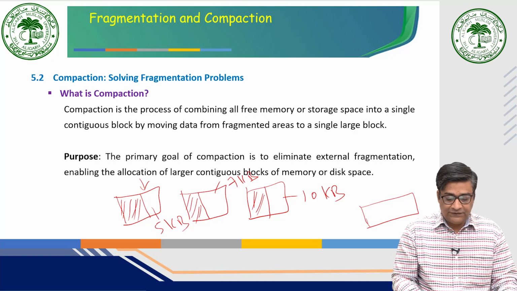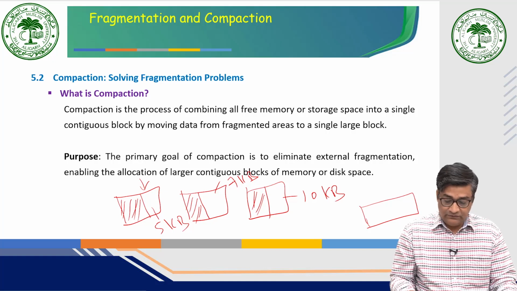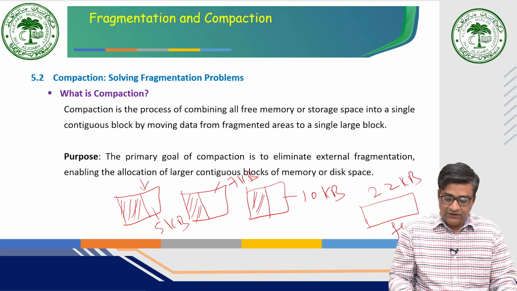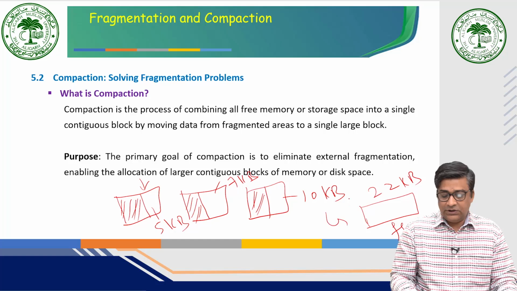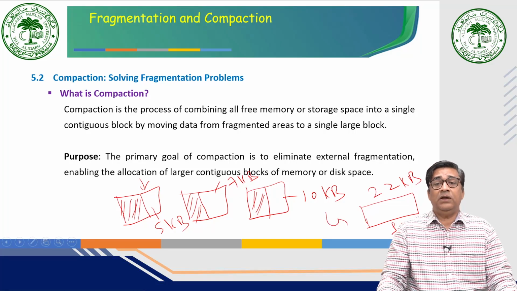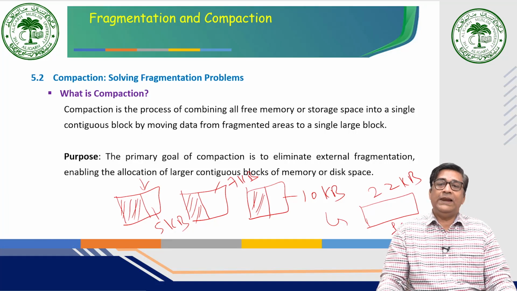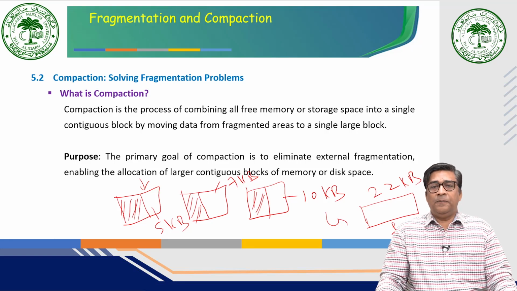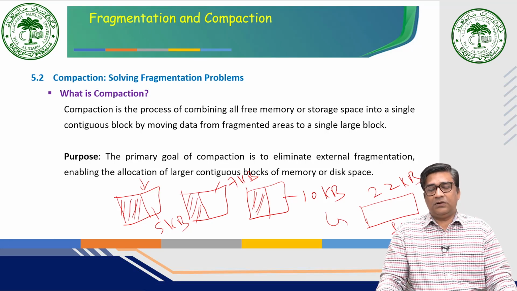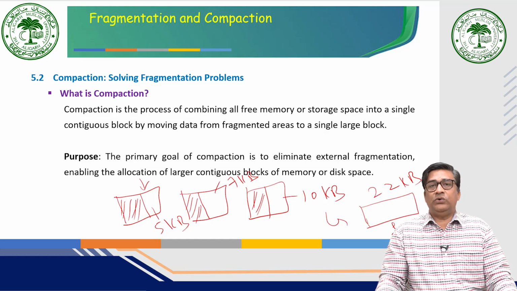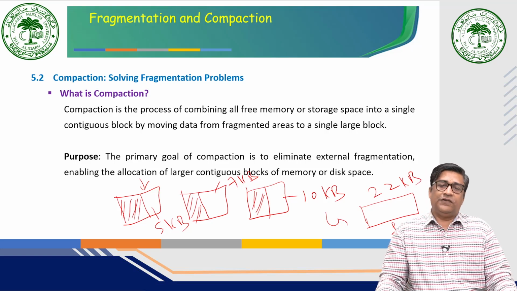So 5 plus 10 plus 7, which is a 22 KB block of free space, will be available for any process to use. This is the primary goal of compaction: to eliminate the external fragmentation and free the memory or storage space, providing you continuous space that is available to be used for some processes.